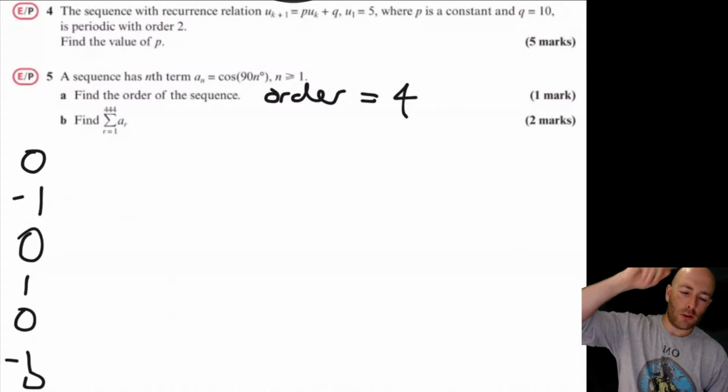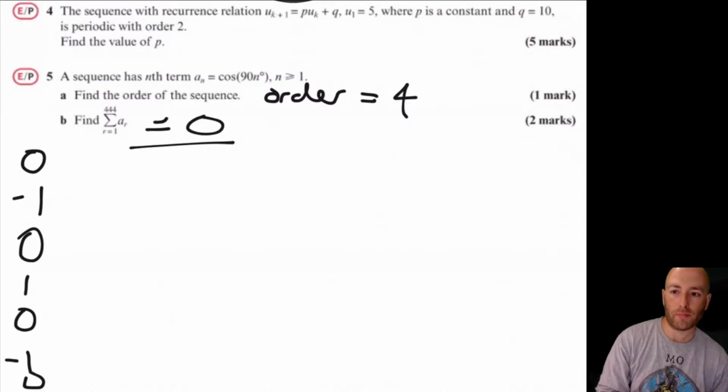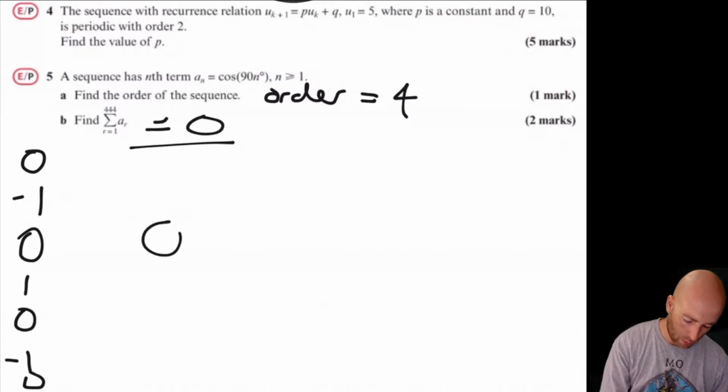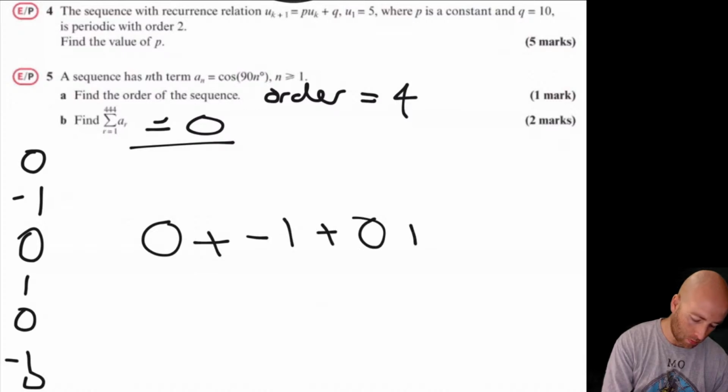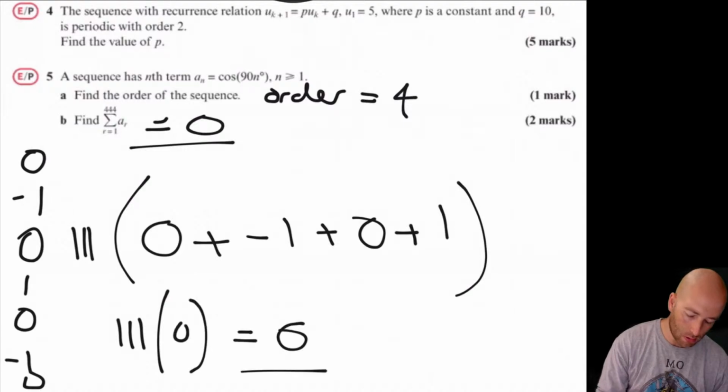So we're going to get 111 lots of that. So the sum there is going to turn out to be 0. Does that make sense for everybody? 0 plus minus 1 plus 0 plus 1. We've got that period times 111, which is 111 times 0, which is still 0.